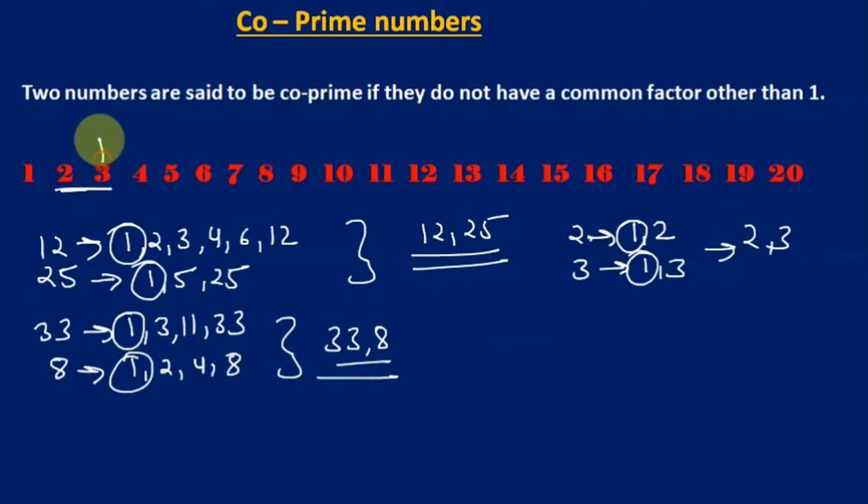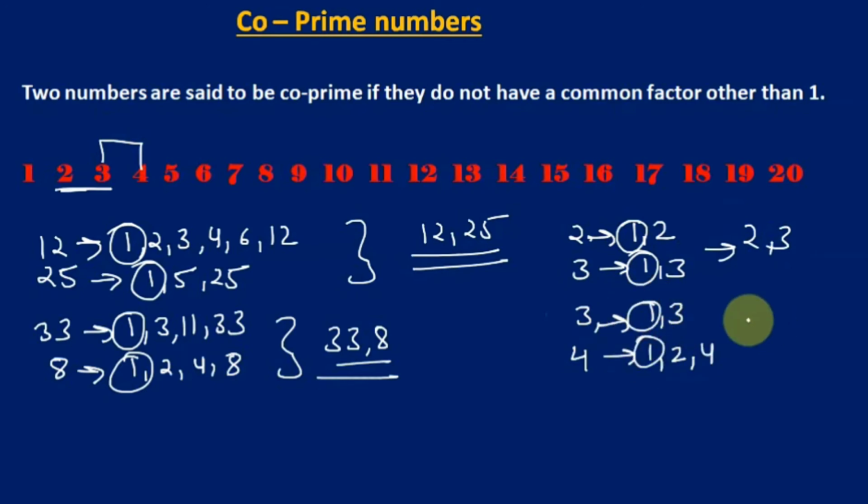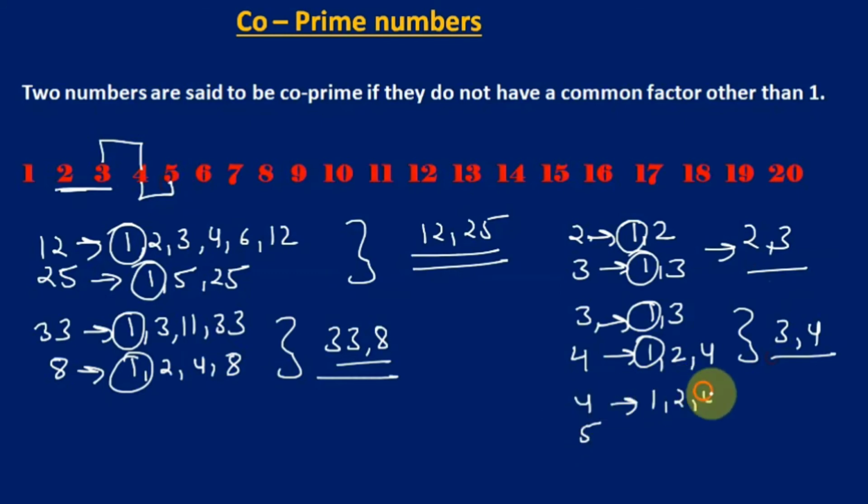Now let's take another example like 3 and 4. So the factors of 3 are 1 and 3, and the factors of 4 are 1, 2 and 4. So between these two numbers only 1 is a common factor, so this is also a co-prime pair, 3 and 4. Okay, now let's take another example, 4 and 5. Factors of 4 are 1, 2 and 4, and factors of 5 are 1 and 5.